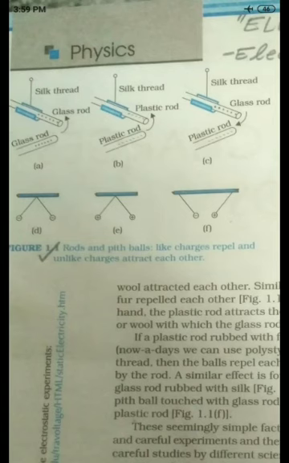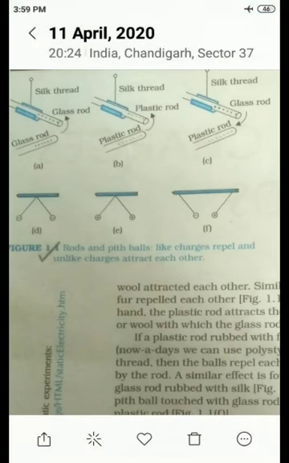So it can be easily concluded that unlike charges acquired by the two objects neutralize or nullify each other's effect. The American scientist Benjamin Franklin named the two kinds of charges positive and negative.